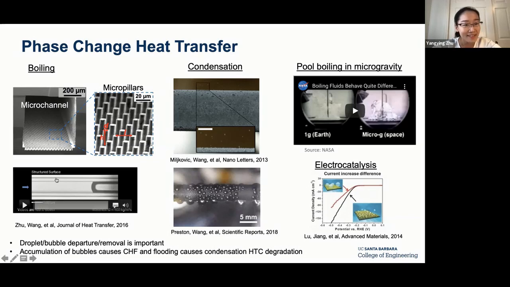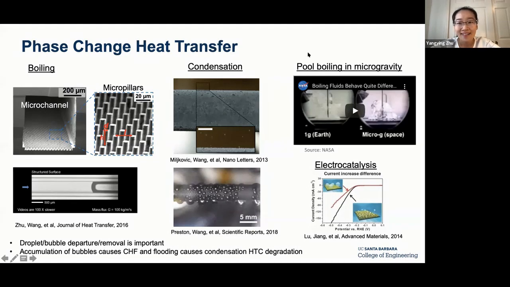In boiling, if we do not let bubbles leave the surface and they accumulate on the surface, it causes CHF. Similarly, in condensation, if we don't remove the condensate droplets fast enough, this can cause flooding, and that leads to heat transfer degradation.